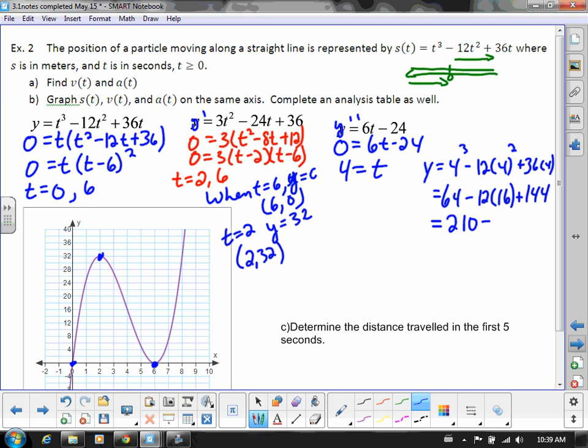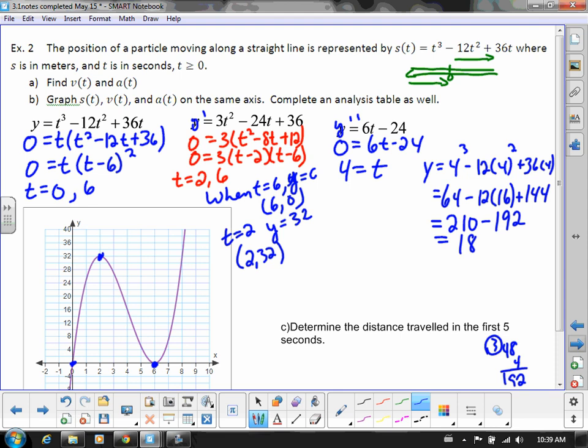Okay, so 12 times 16 is 192. So from there, we end up with 18.